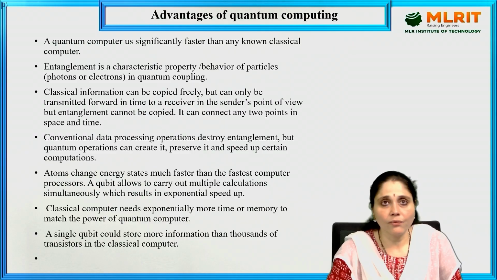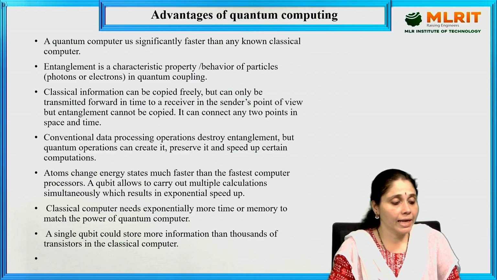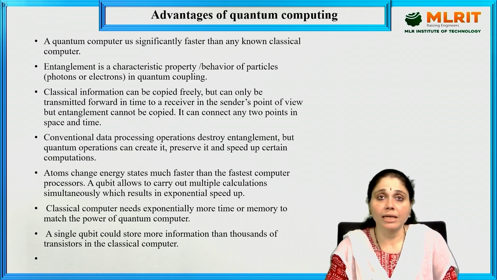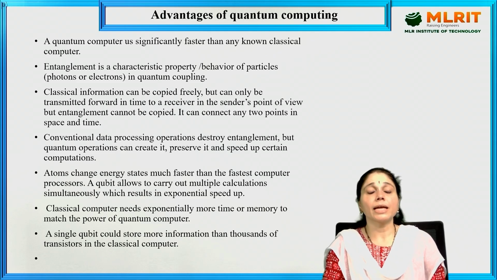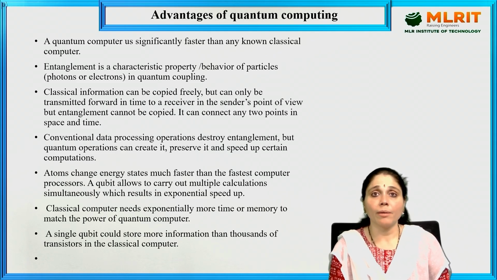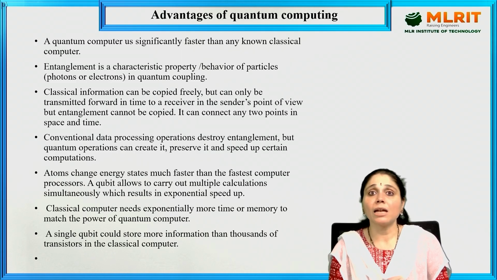So, advantages of quantum computing. A quantum computer is significantly faster than a classical computer. Entanglement is the characteristic property or behavior of particles, photons or electrons in quantum computing. Classical information can be copied freely, but entanglement cannot be copied.